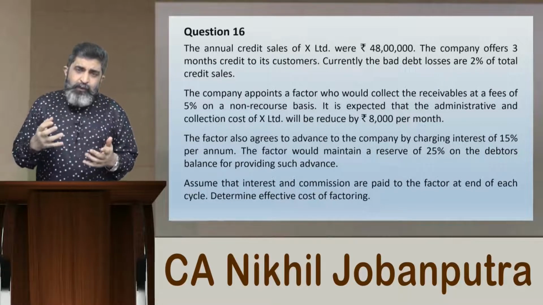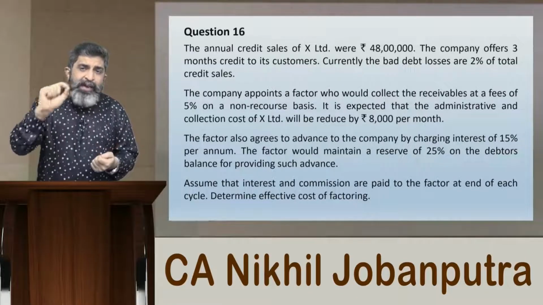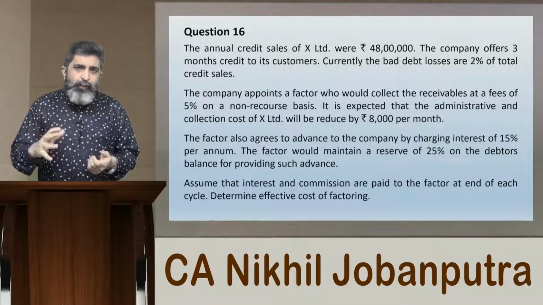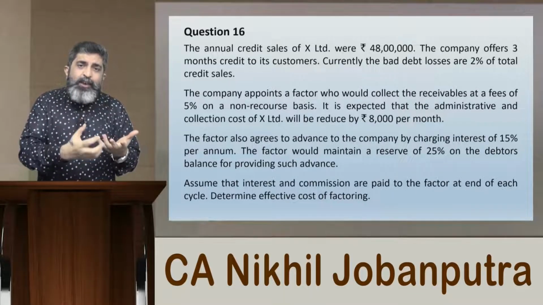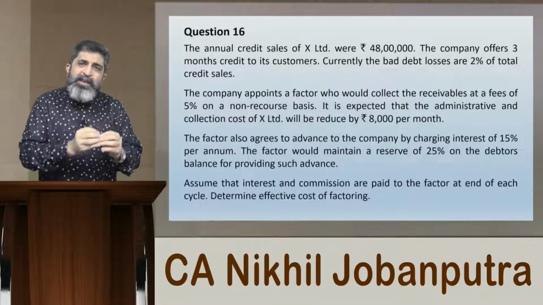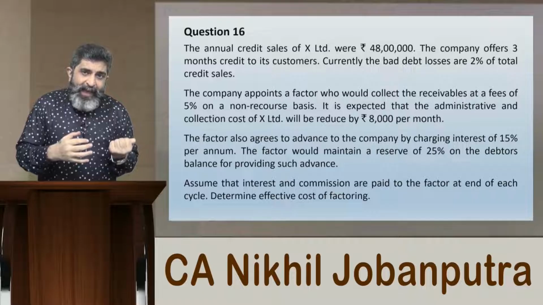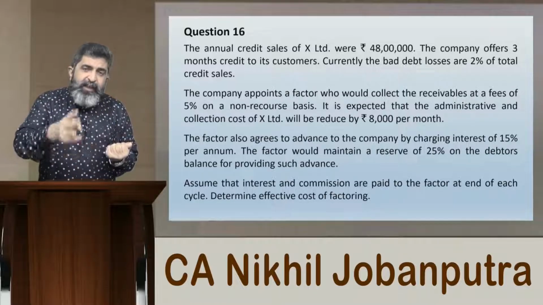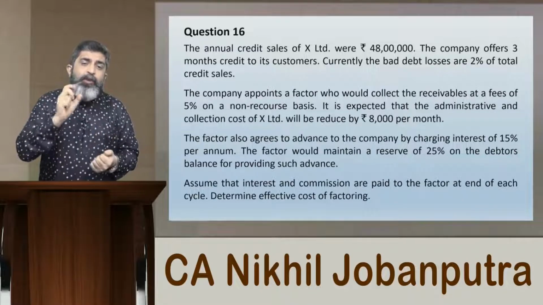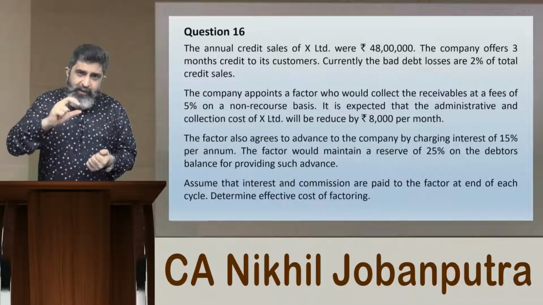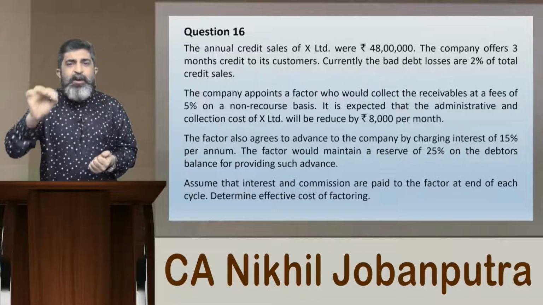Now, the factor is also willing to give you advance by maintaining 25% reserve. So basically, all our receivables, all our debtors, the right to collect money from them has been given to the factor. So the factor knows that the factor will receive 12 lakhs by end of 3 months, but initially the factor is willing to give advance to the company, and the amount of advance will be arrived at after deducting 25% reserve.